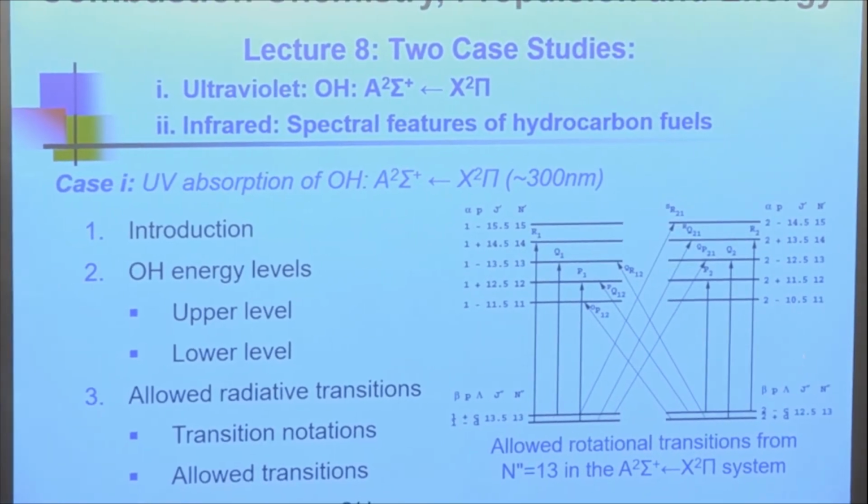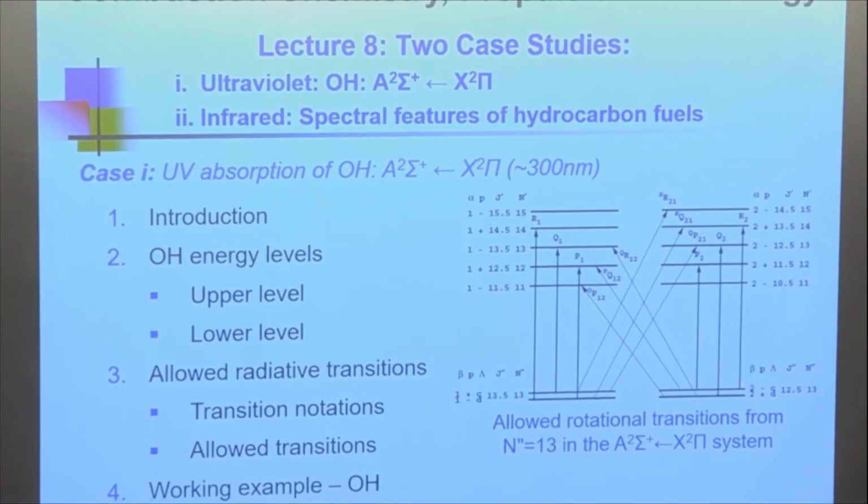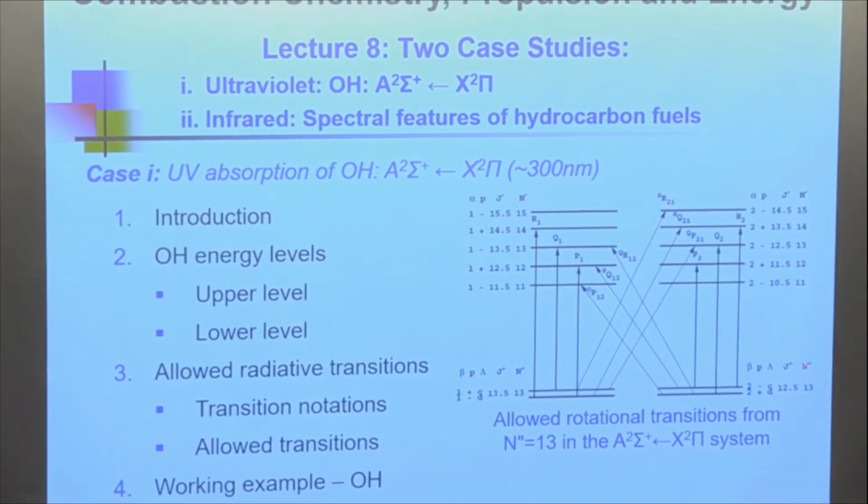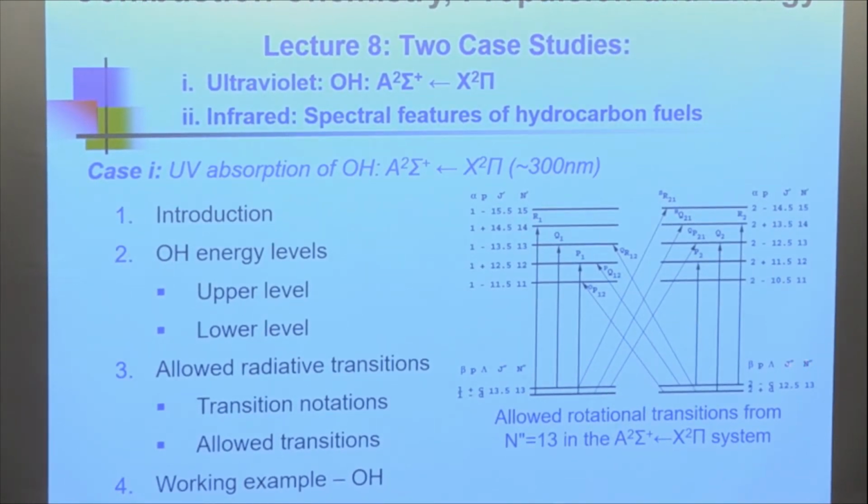So if you want to find a state, you've got to tell me N and J, and you've got to tell me, this is lambda doubling here. So basically, N of 13 has two values of J. J is N plus a half and N minus a half.